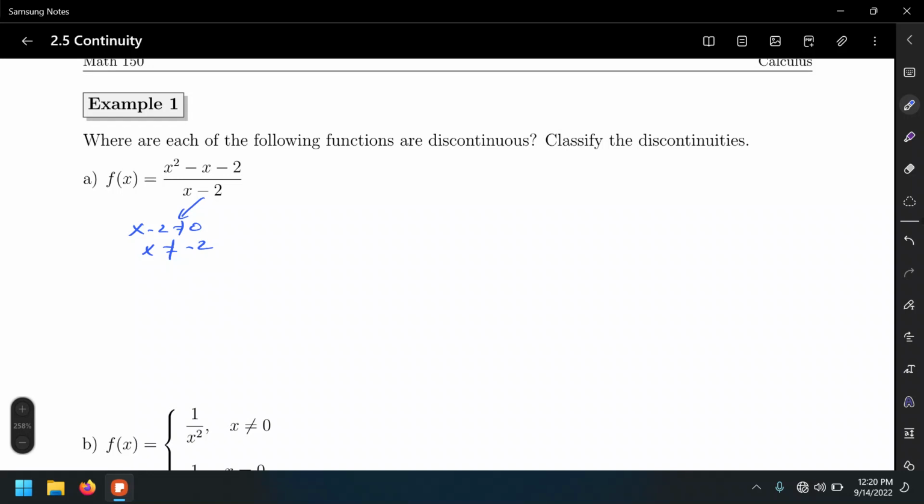However, we can further simplify this function by factoring. Okay, let's factor the trinomial in the numerator using the double bubble method. So, factors of -2 that add up to -1: -2 and +1, and see what happens here.